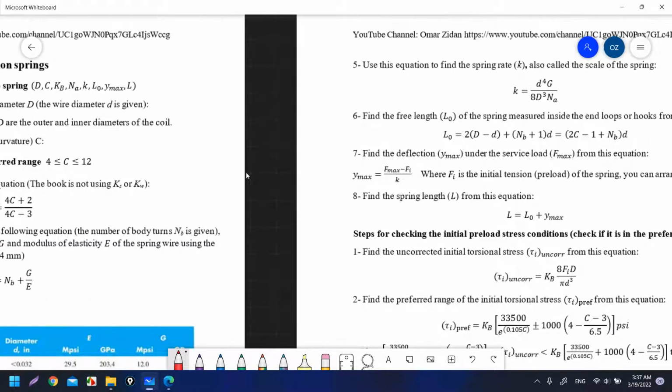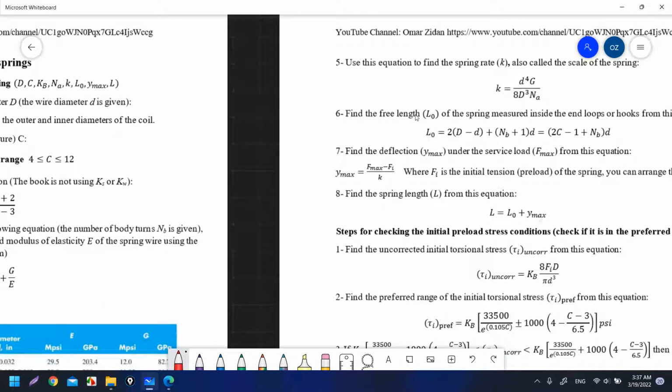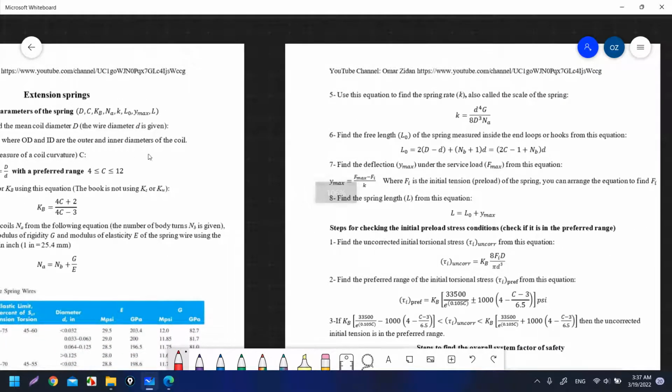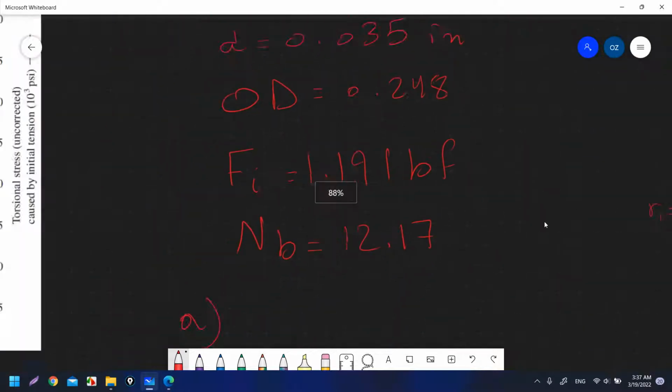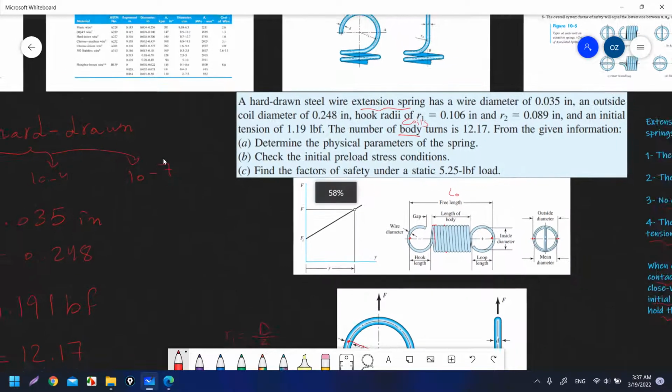So L, the final length, will be L naught plus Y max, and this is the equation to find L. So that is the meaning of finding the physical parameters of the spring. So let's find them one by one.